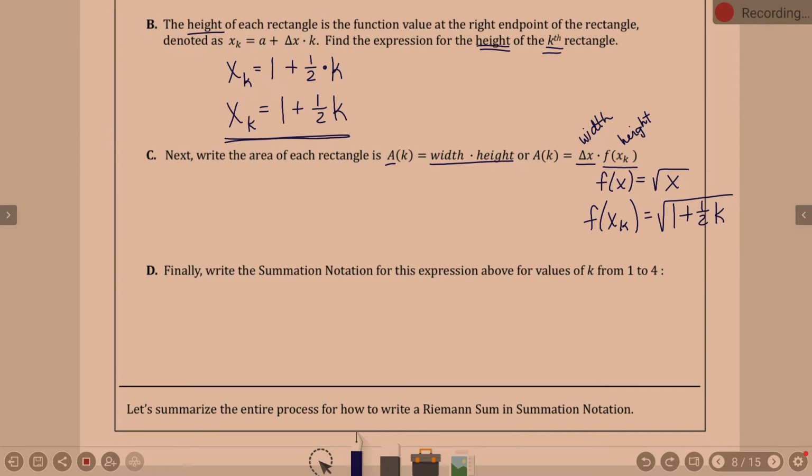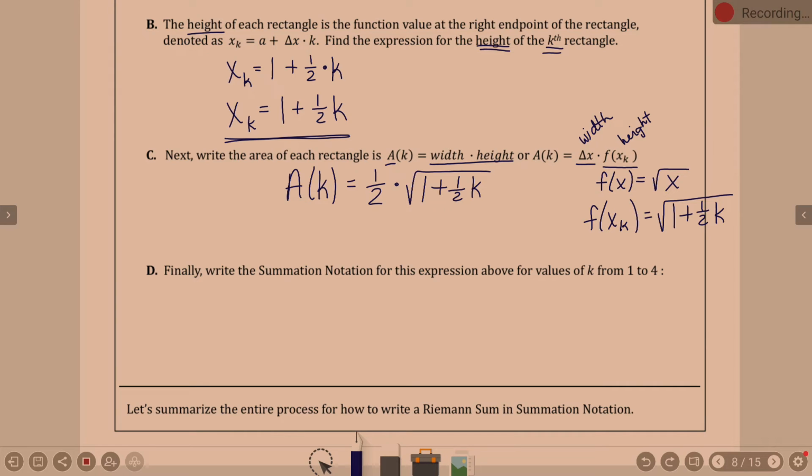Looks like this is where I switched to maybe using some 0.5. So when we're writing our area here, our A of k, it's the width, which we already discussed as being 1/2, times the height, which is the square root of 1 plus 1/2 k. This is what you will be integrating in your Riemann sum, because this is the area.